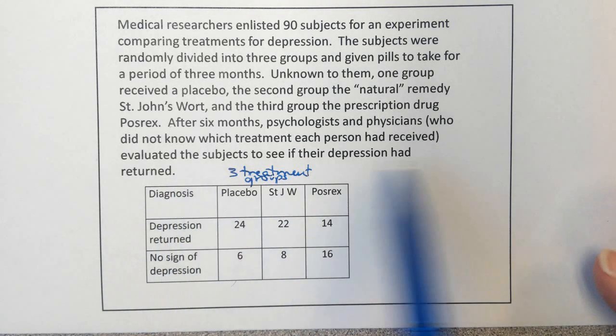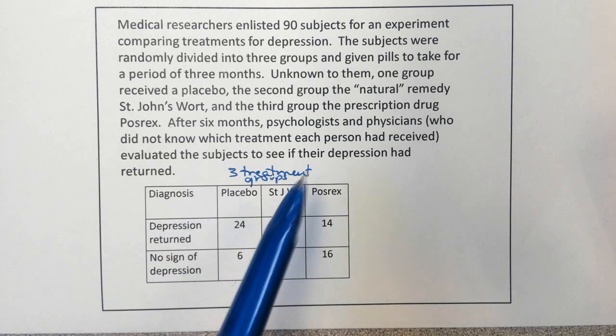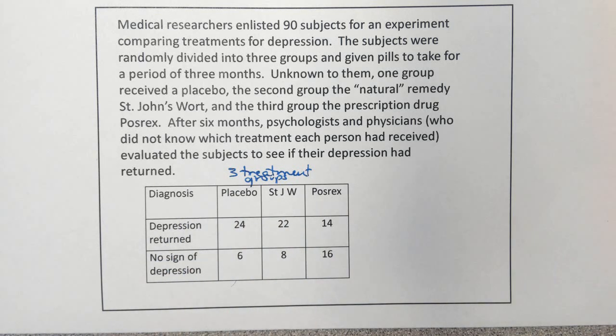Now there should have been a question here: Is there evidence that? And that question is missing, which is unfortunate, and we can blame that on me because I didn't get it in there. But this looks like a test of homogeneity. Are these 3 treatment groups the same?